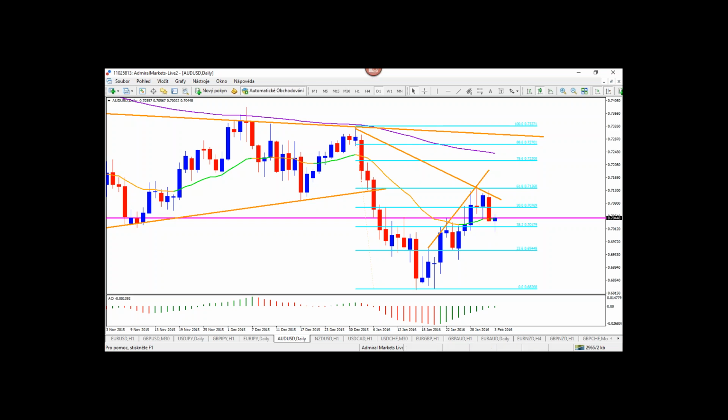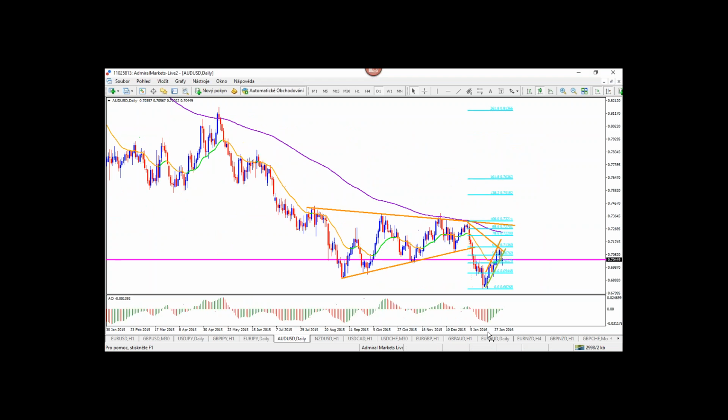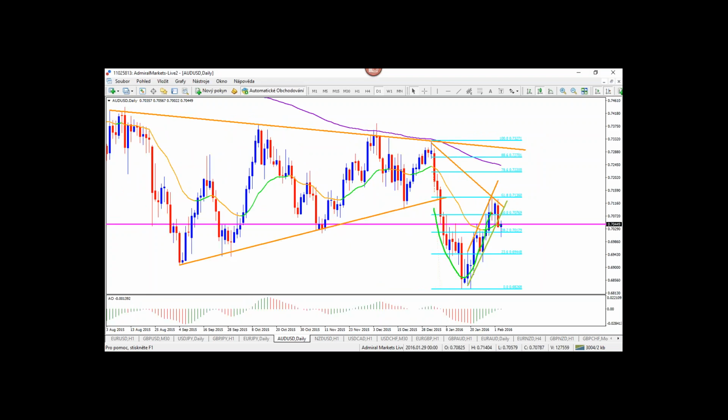We broke that low that's important for the retracement to be considered over. So this retracement, this channel we were talking about yesterday, could be over. Remember, this is bearish momentum. We got a triangle here and we broke that triangle.